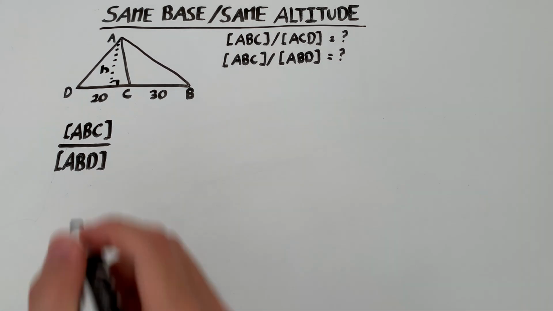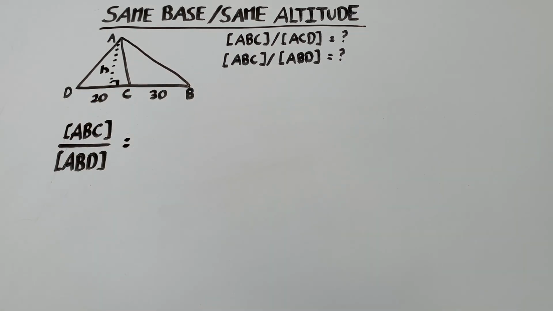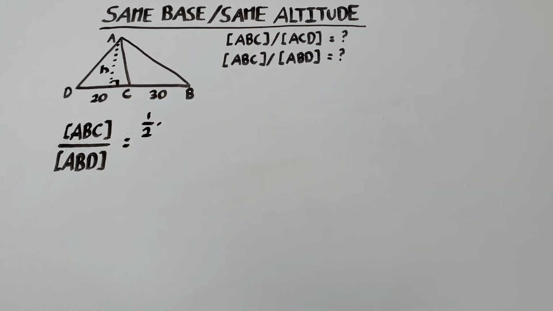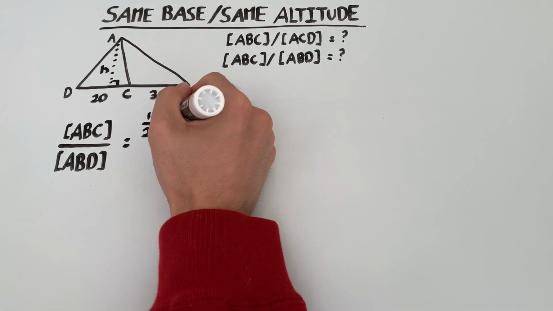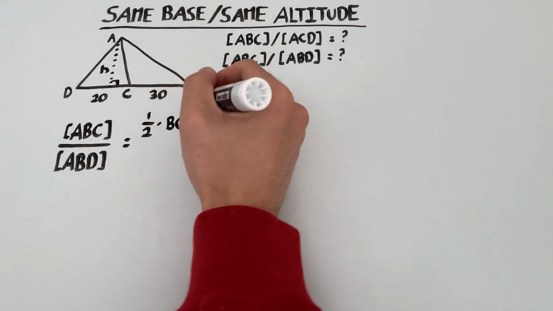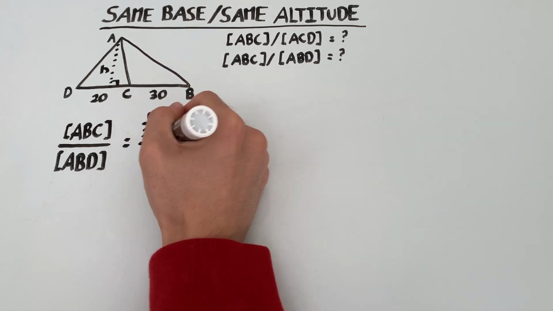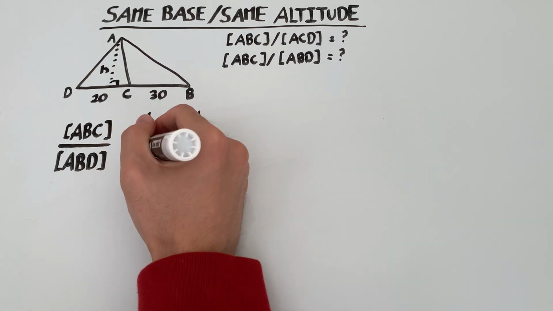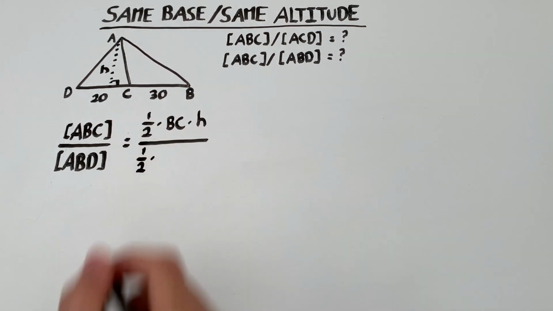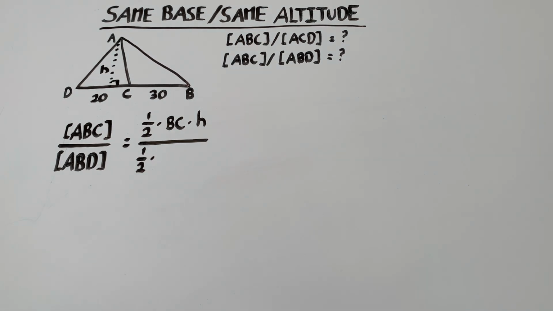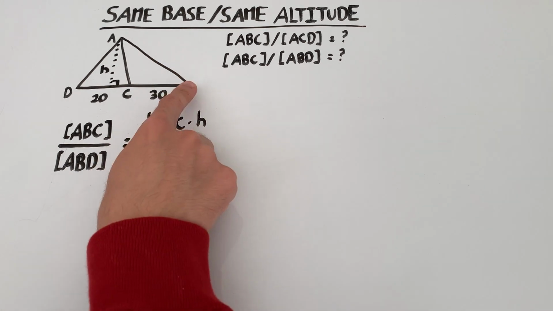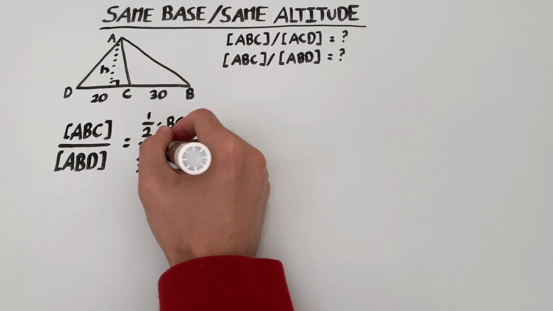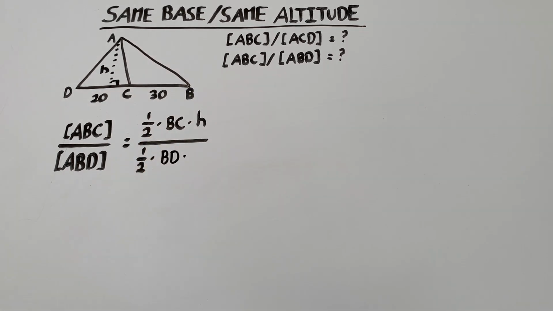So the area of triangle ABC ends up being a half times the base, which is BC, times the height, which is h, and the area of triangle ABD ends up being a half times the base. Now this time, the base is this entire portion, BD, and the height is still the same.